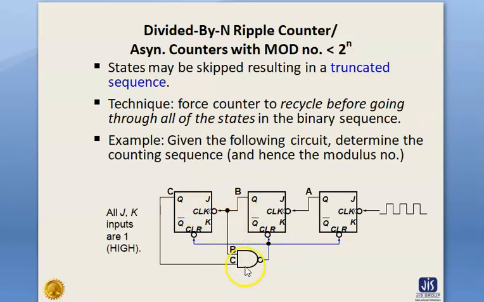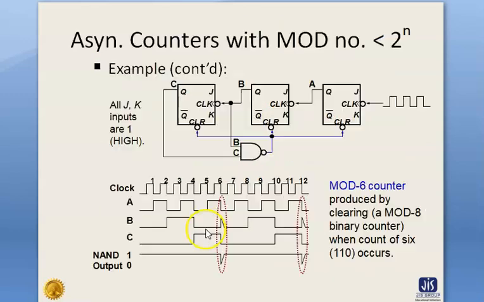Therefore the counting sequence will be 0 0 0 to 1 0 1, that is 6 states. Therefore, you may call this a divided by 6 ripple counter or mod 6 counter.